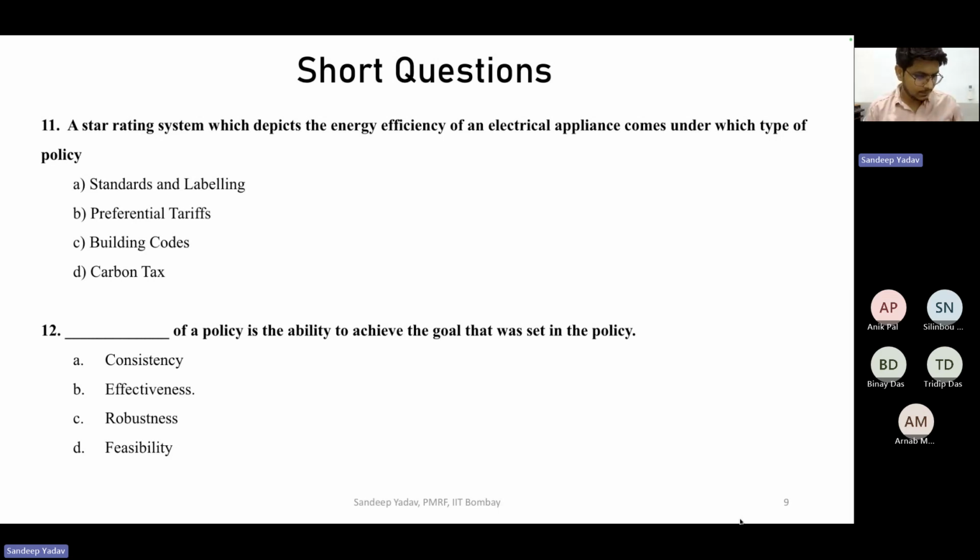It's a very easy question. It is standards and labeling. Correct. As we have seen, the star rating system is developed by the BEE, Bureau of Energy Efficiency.